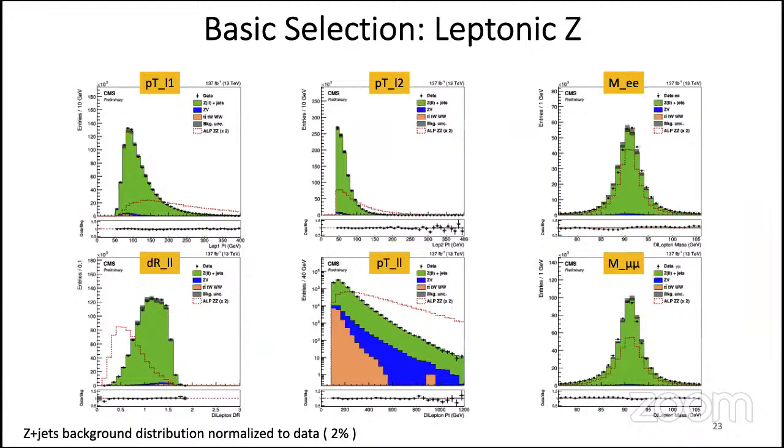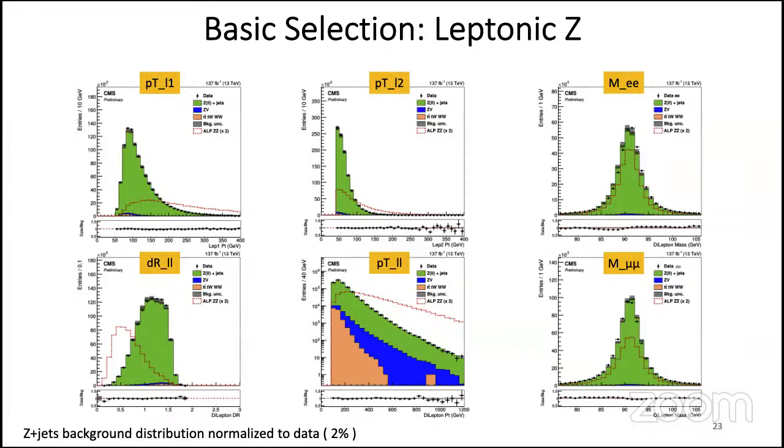So here I show you the variables involved in the electron selection. As you can see, at this step of the selection, we have a very good agreement between the data and the Monte Carlo, the standard model prediction, which is represented in this green distribution. And the red line is the theoretical model of the ALP.